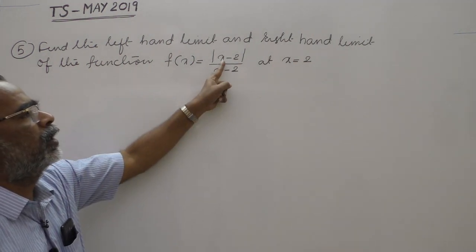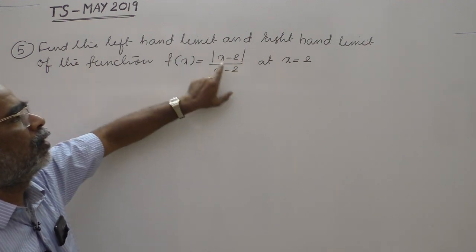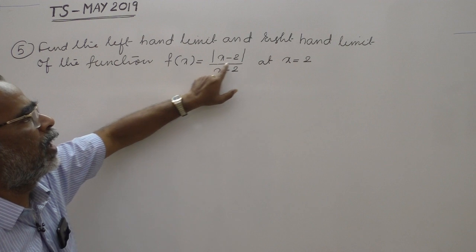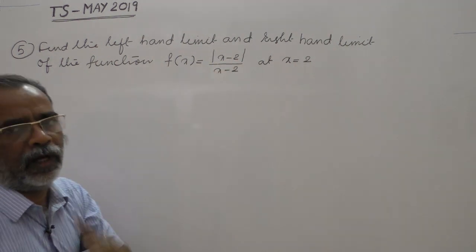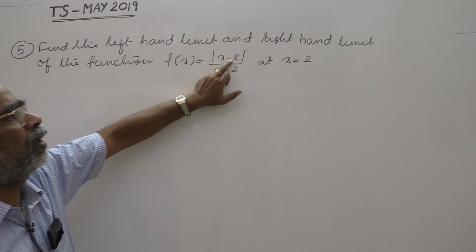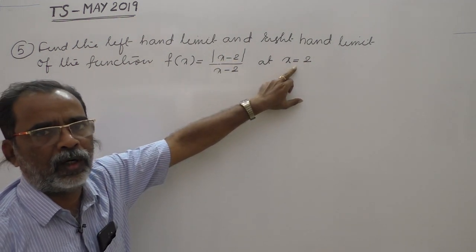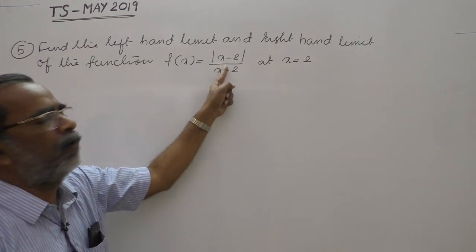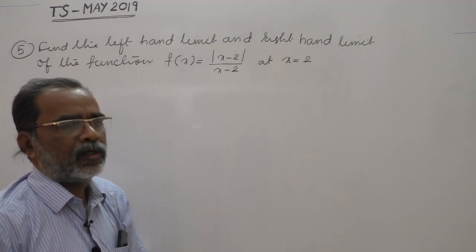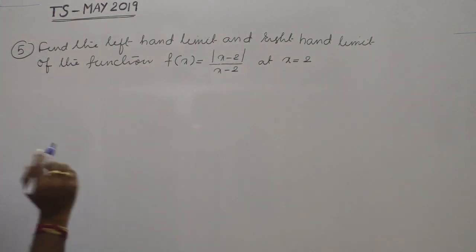This mod(x − 2) will have a break at 2, when the inner value is 0. The inner value is 0 at x = 2. We are finding the limit also at x = 2. Therefore this will have a break at 2.